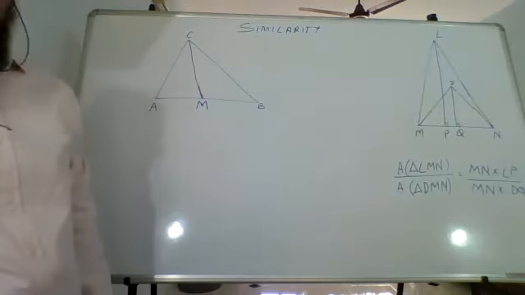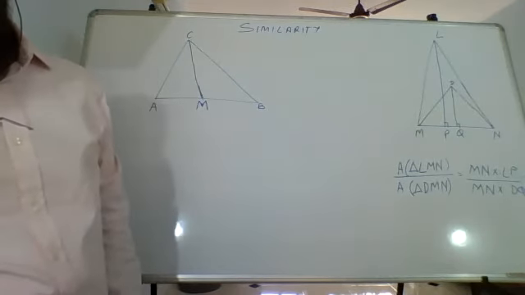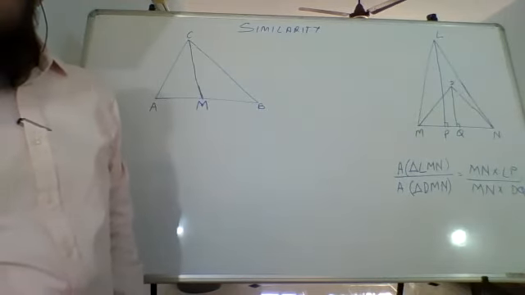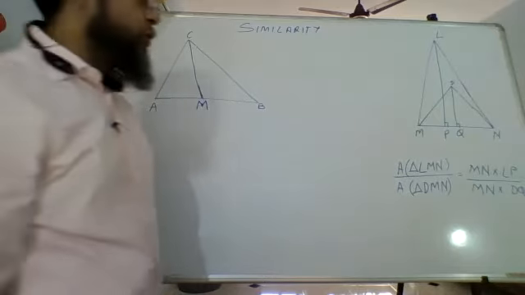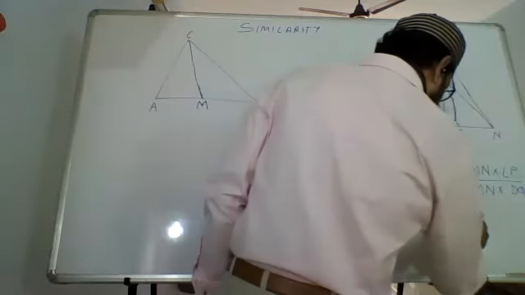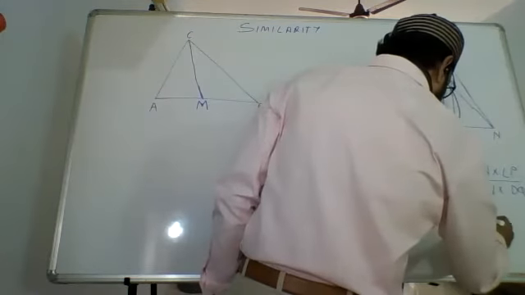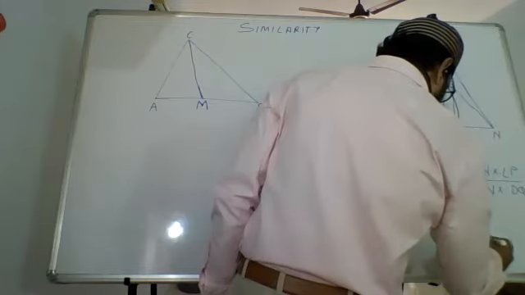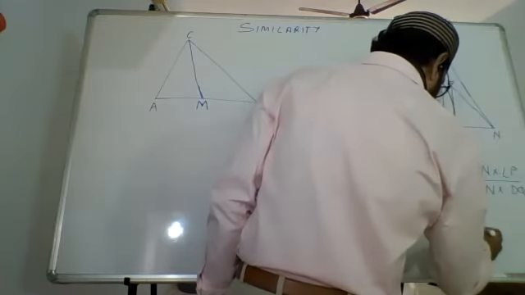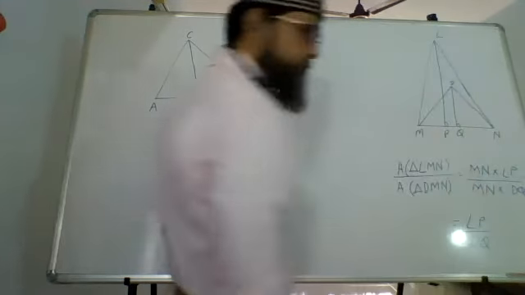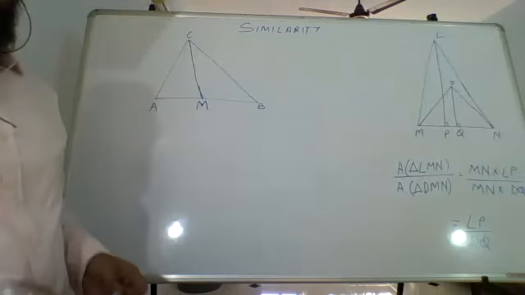MN will cancel. So you will have equals to LP upon DQ.